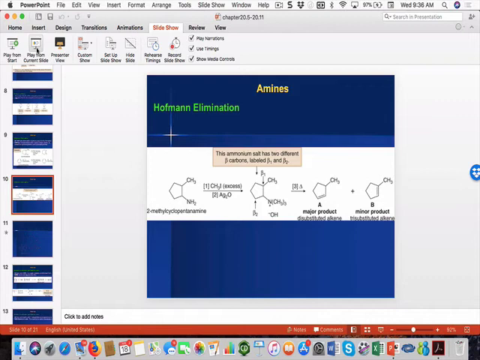Doesn't matter which one you use. Followed by mild aqueous workup, a little acid. And what you get out of this process is phenol plus acetone. Why is this a more practical approach than the Dow process?